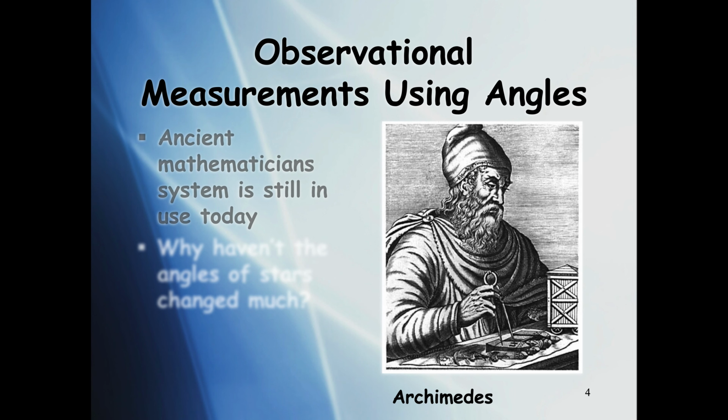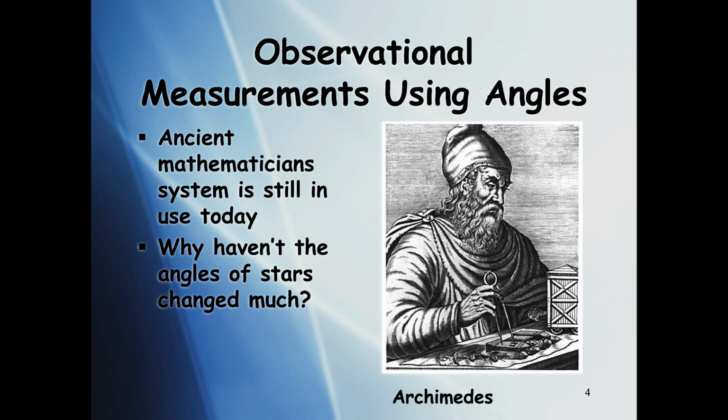So it turns out that the ancients were fantastic at detailed records and very skilled mathematicians, and a lot of the systems they used to chart star locations in the sky are still used today. You can go back thousands of years and some of this is still accurate.